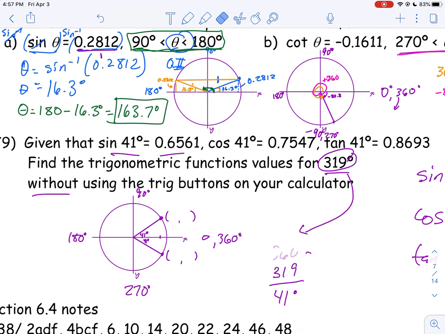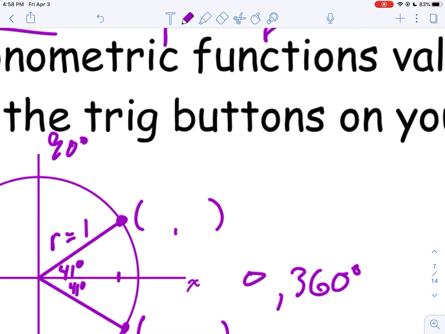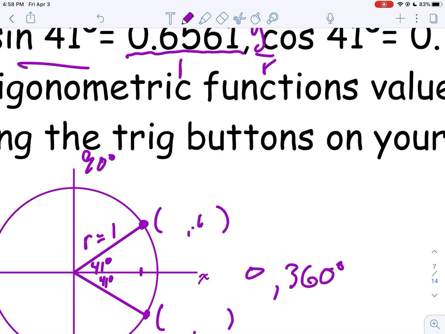Let's make this a ratio. Instead of looking at 0.6561, let's make it a fraction over 1. So now we can think of my sine as being y over r. We can think of my radius as being 1. And then my y value is going to be 0.6561.